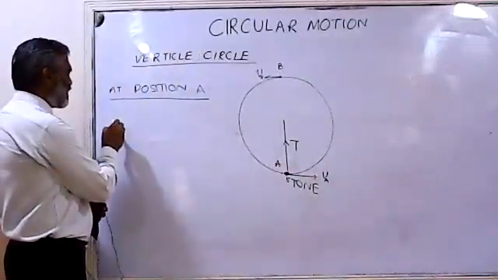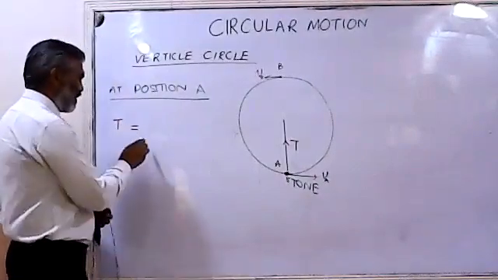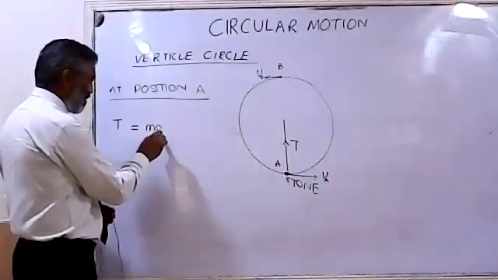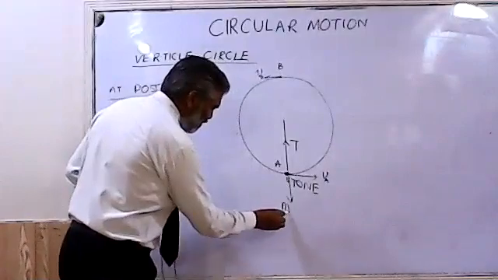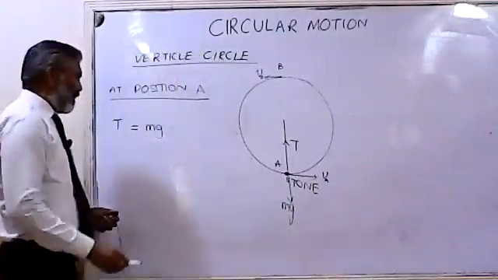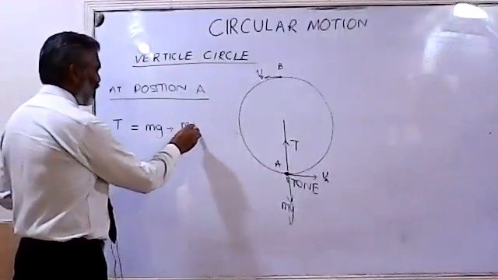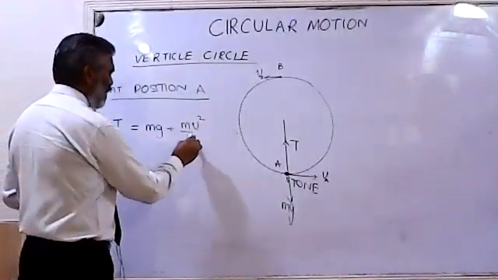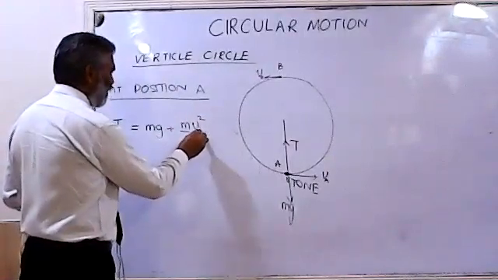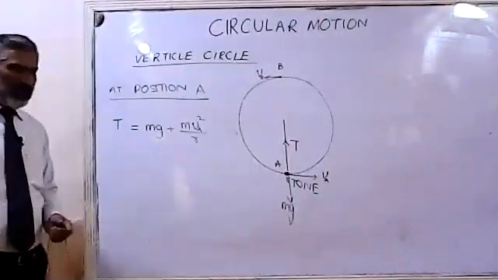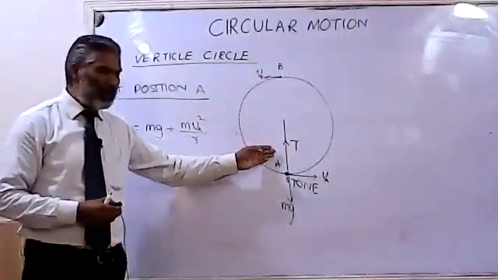We can write this tension T equal to weight, which is acting vertically downwards, plus mv square over r, and this v is VA. So this expression tells us what is the tension in the string.